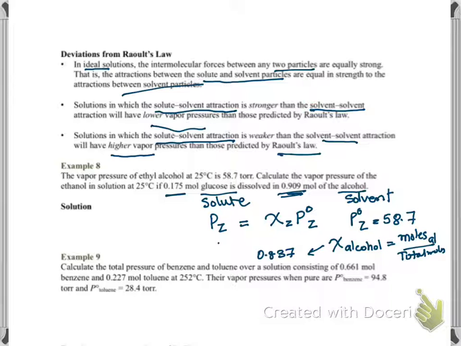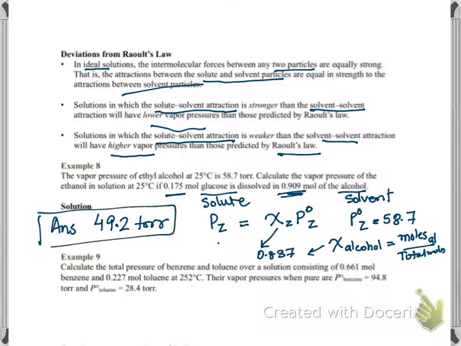Now I know my P naught Z, which is 58.7. I know the mole fraction, that means I can calculate PZ. The answer for this question should be 49.2 torr.